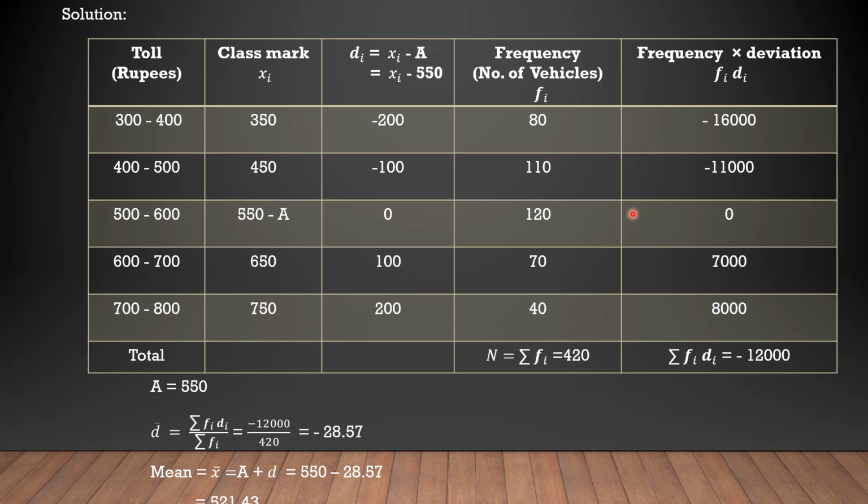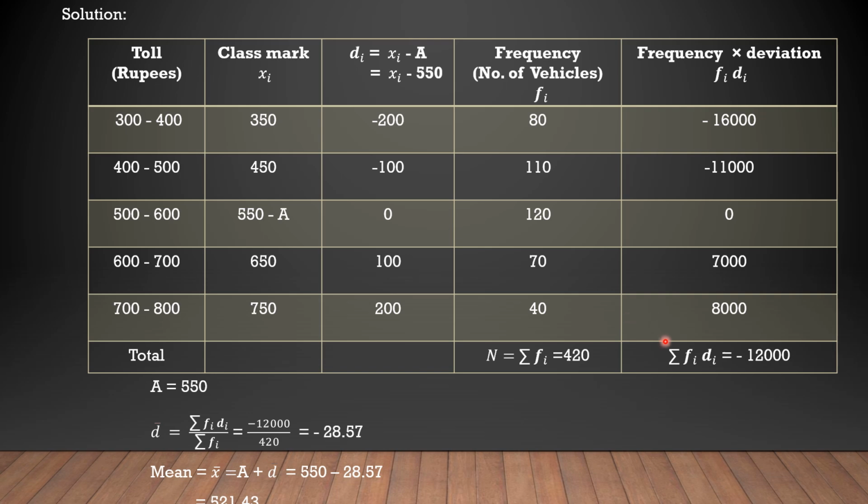Then minus 16,000 plus minus 11,000 is minus 27,000. Then 0 plus 7,000 plus 8,000 is 15,000.